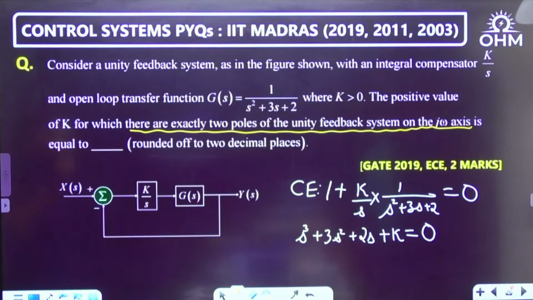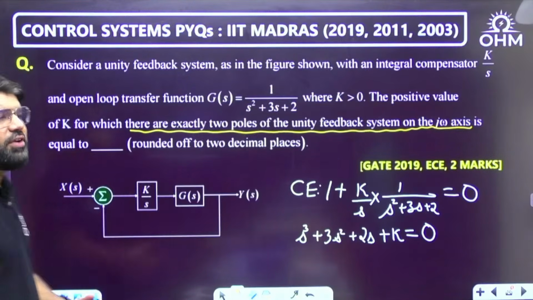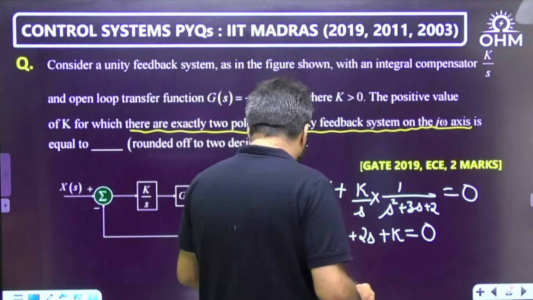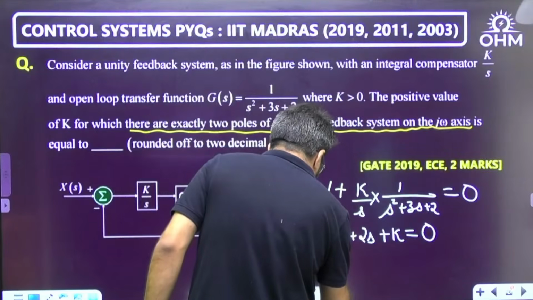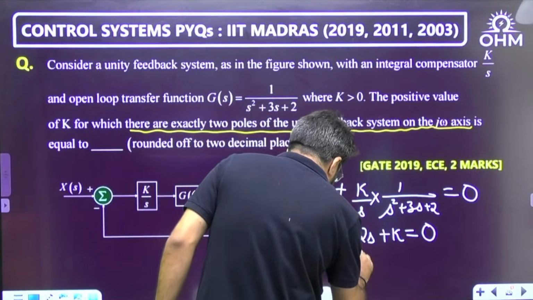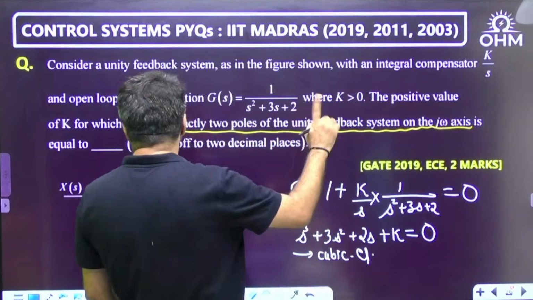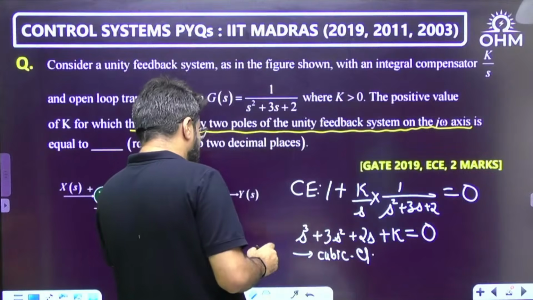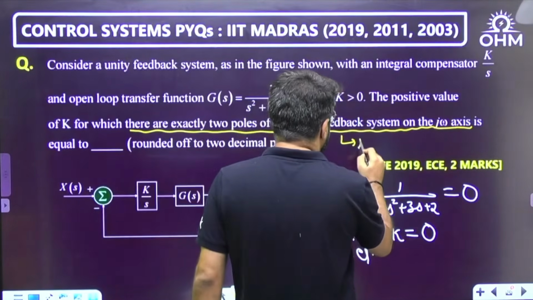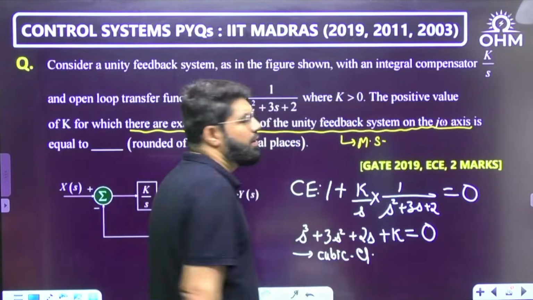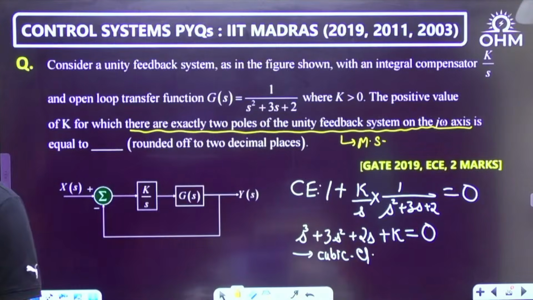Now, what is that positive value of k for which there are exactly two poles of the unity feedback system on the j omega axis? Overall there are going to be 3 roots, since it's a cubic equation. Exactly two poles on the j omega axis means the system is marginally stable.